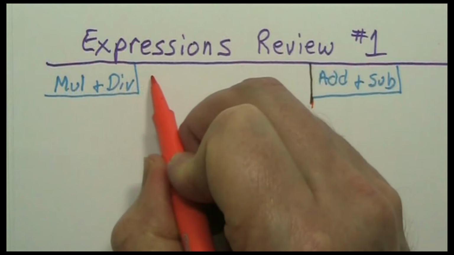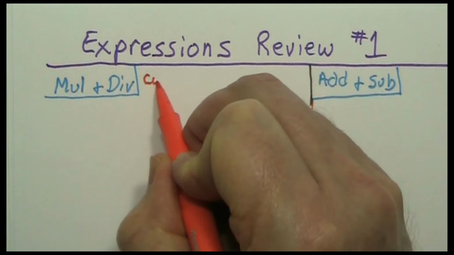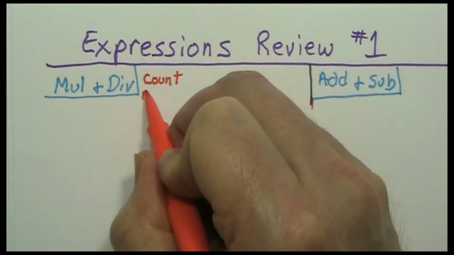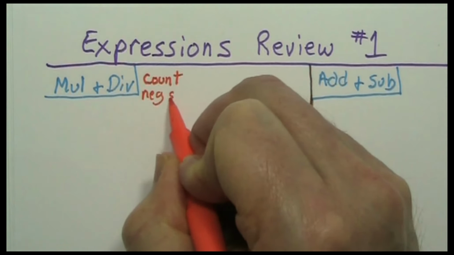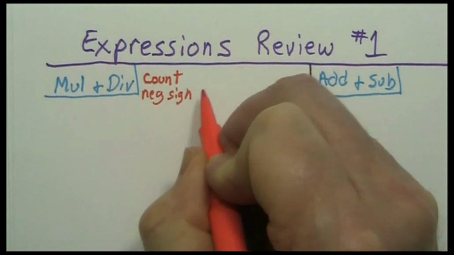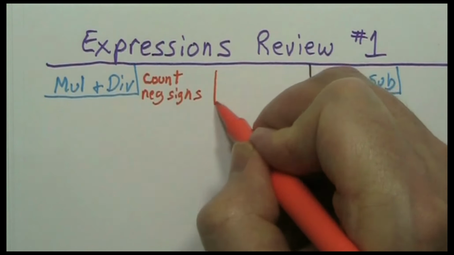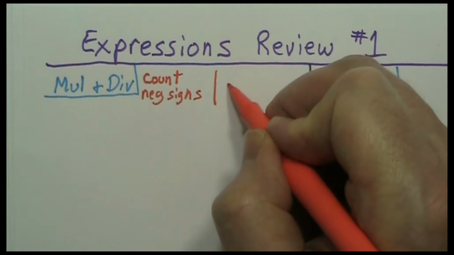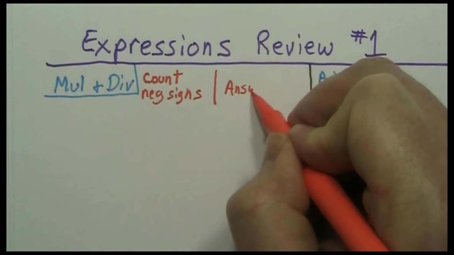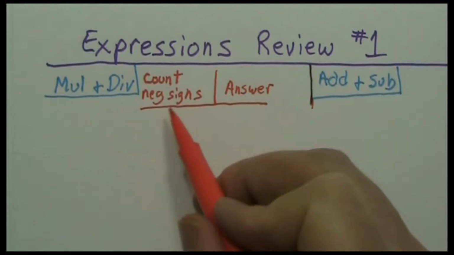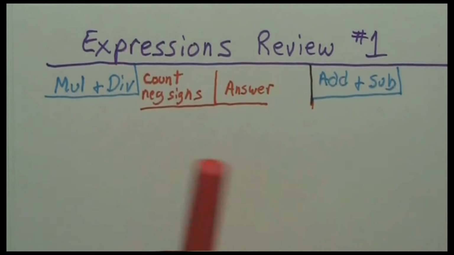The rules for multiplying and dividing is we count negative signs, and then this would be our answer.